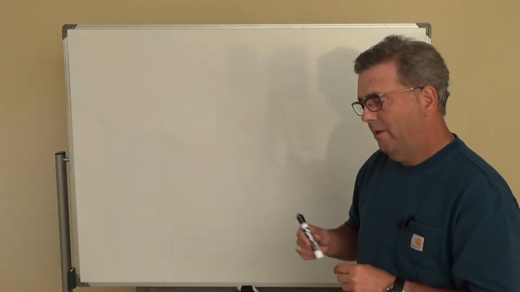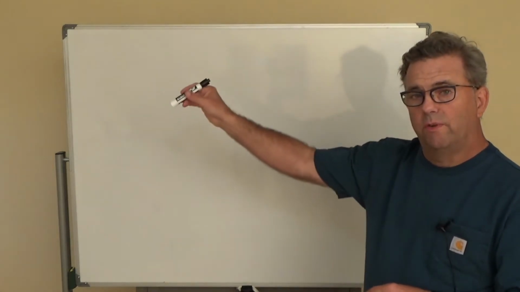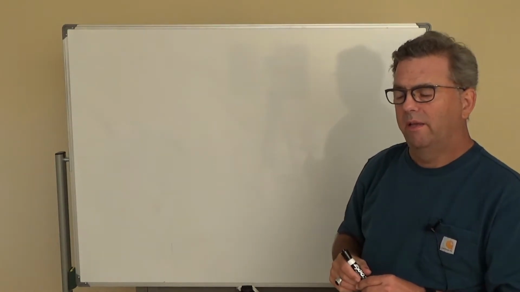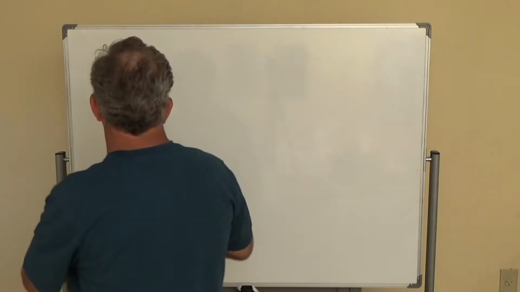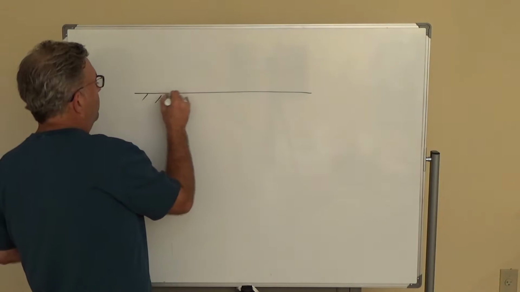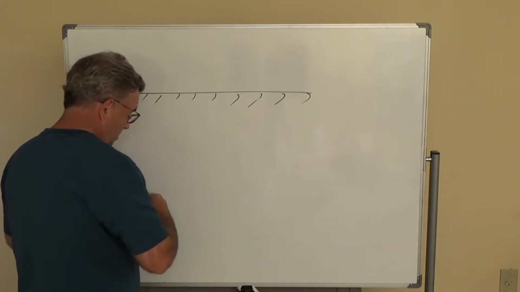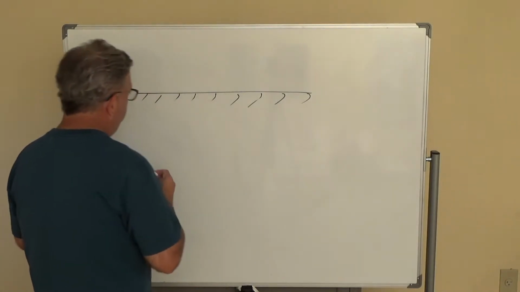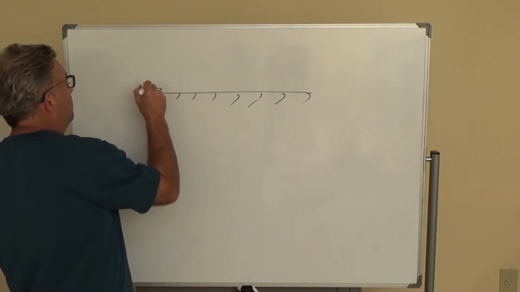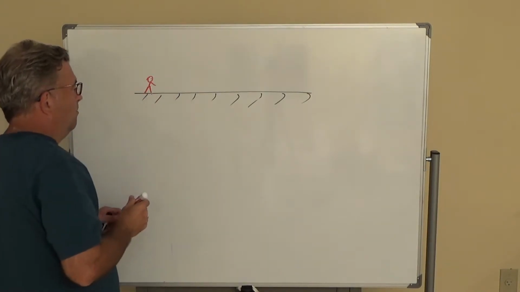Now, if I throw an object, I give it an initial velocity. So let's say that here is the ground, and here is someone, maybe me, tossing a ball.